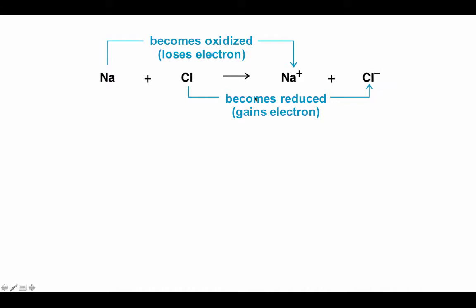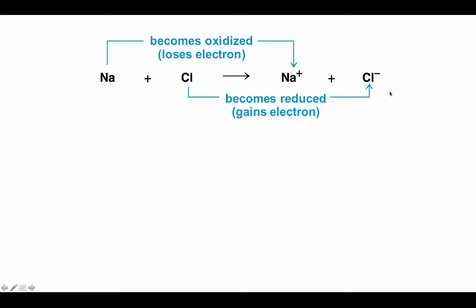If we think about the energy states of the electrons in this process, when an electron is transferred from a less electronegative atom to a more electronegative atom, that electron is in a lower energy state. Why? Because it's gone from an atom that has less affinity for that electron to an atom with more affinity for that electron.